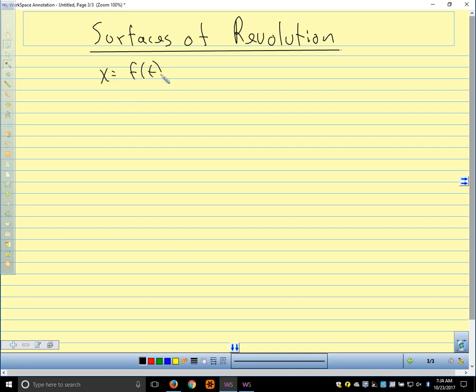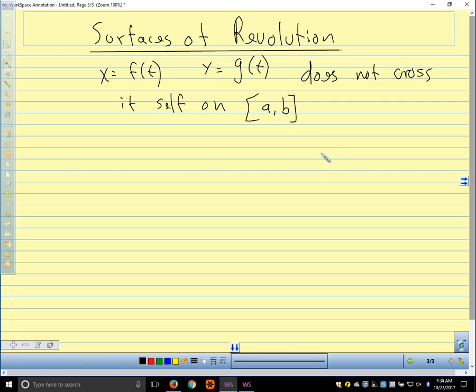X is f of t. Y is g of t. It doesn't cross itself on our interval of integration. So our surface area, big S here, is 2 pi, because we're revolving this.